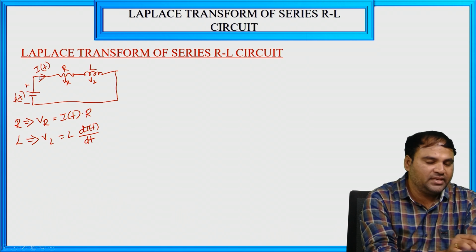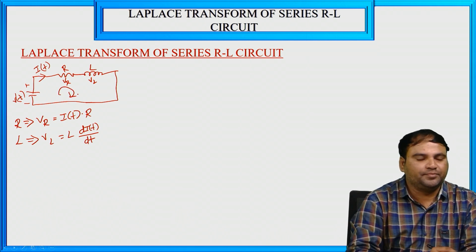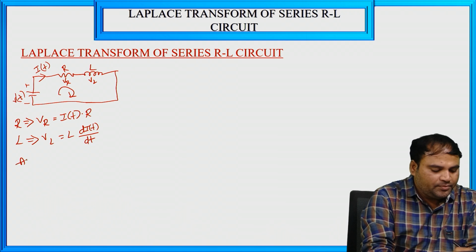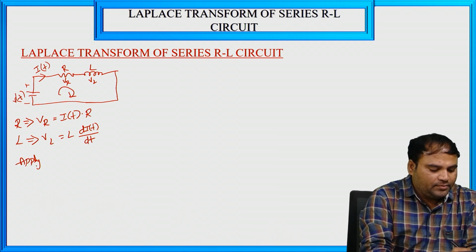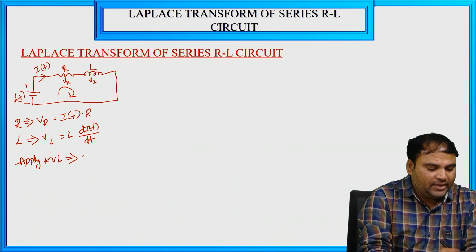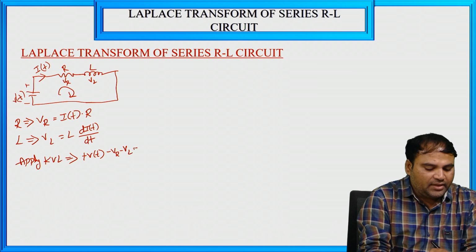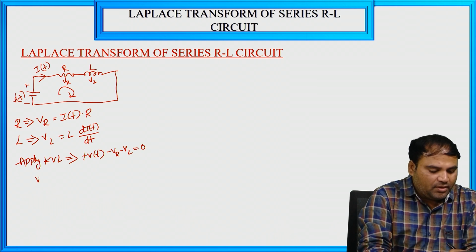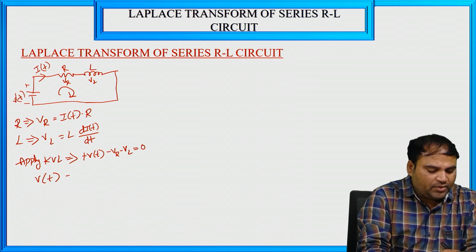Now it is one single loop, so we apply KVL in the given loop. We get plus V of t minus VR minus VL equal to 0, or V of t equal to VR plus VL.